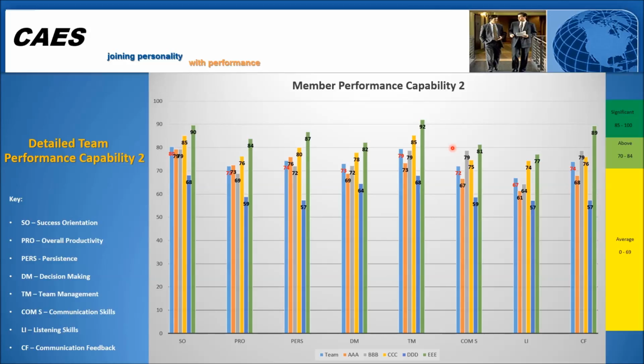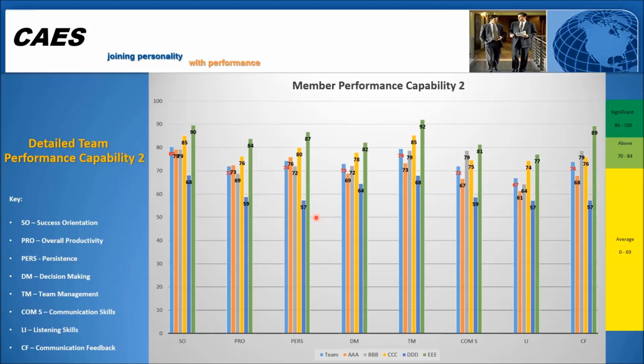Team member C was scoring high as well, but from a performance standpoint, team member D consistently scored lower than the other team members, and this could be an indicator of a need to develop some sort of performance program for team member D.